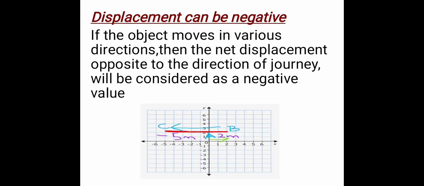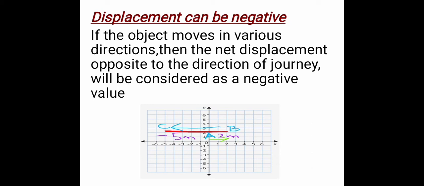Next, displacement can be negative. We all know that displacement is a vector quantity. So, it is represented by the direction of motion also. Suppose if the body starts to move in one direction and changes its direction after a certain part of its journey, then the initial point and the final point will be considered and the total displacement made by the body will be determined.